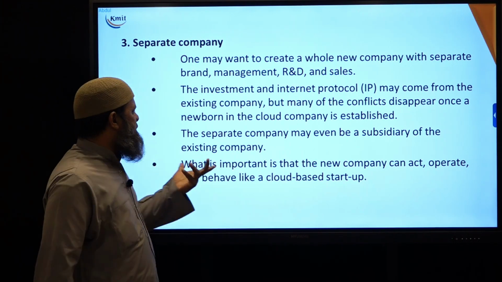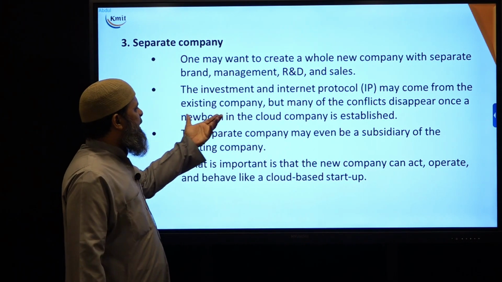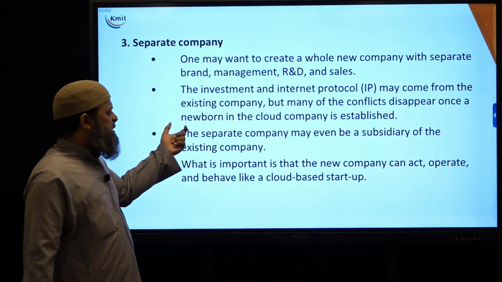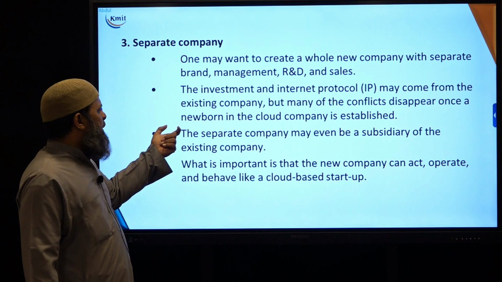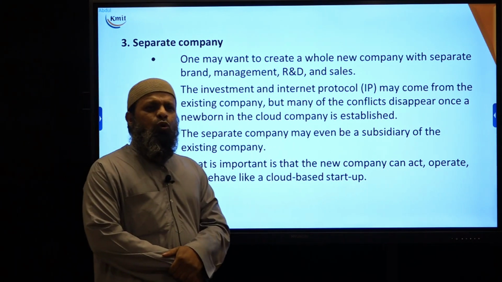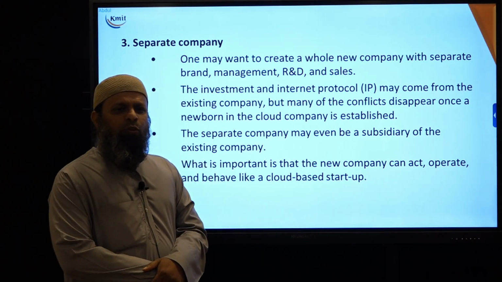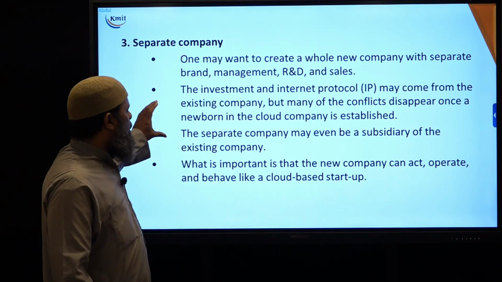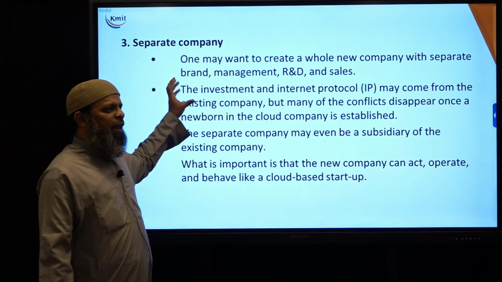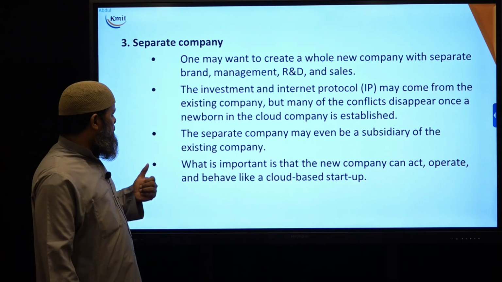So, it becomes easier. The investment and intellectual property may come from the existing company, but many of the conflicts disappear once a newborn in the cloud company is established. So, we move to cloud with the new name. If some problems also come, then we can manage, because the company has created a subsidiary company.